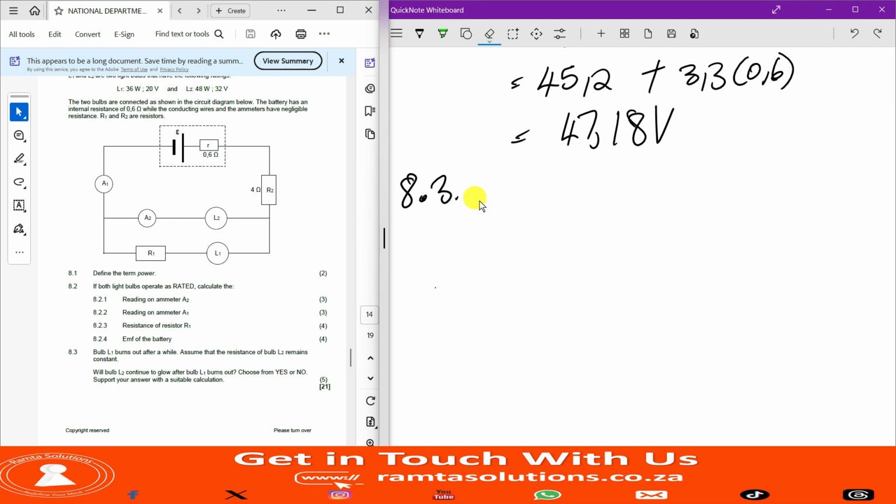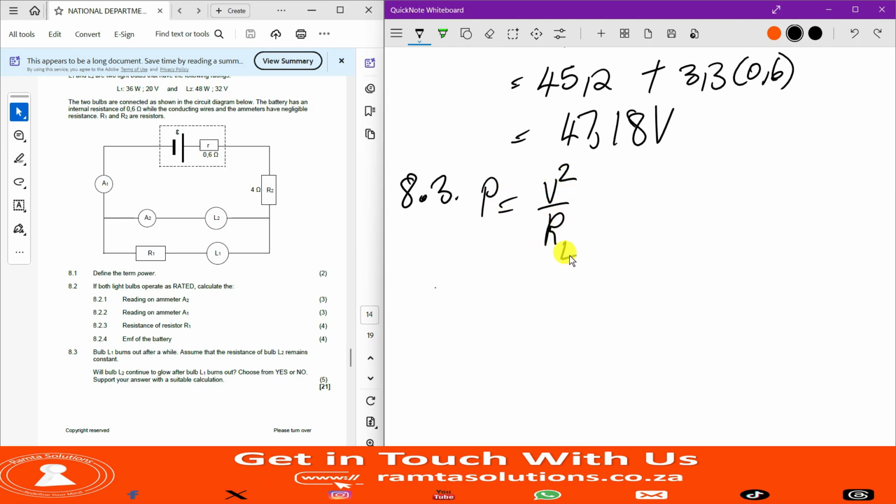So let's find the resistance of L2. We'll say power equals V squared over R of L2. This was 48 watts, and the voltage is 32 volts. We don't know what the resistance is, so we say 32 squared over 48.